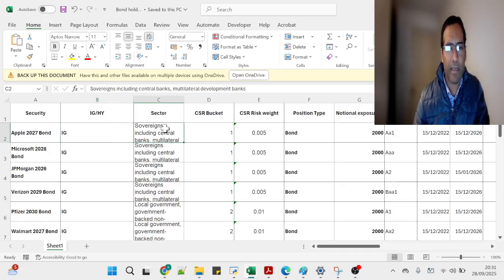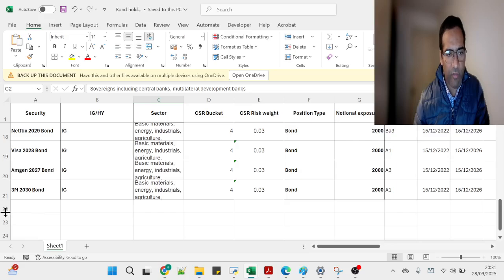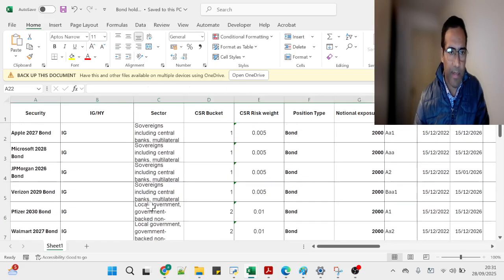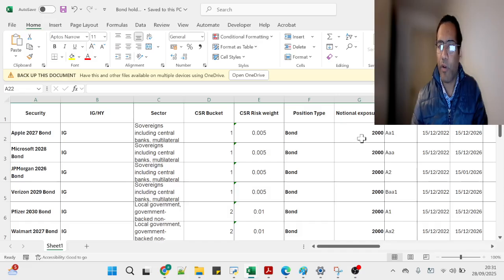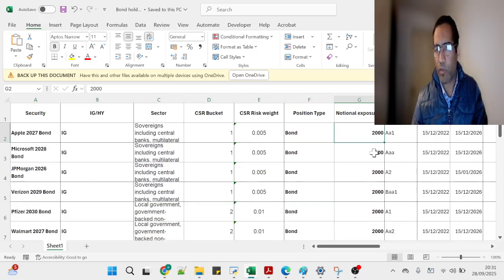I could have included cash in it, which would have zero risk weight, but it's not. As you can see, I have 21 holdings in different sectors, and all are investment grade. The main point is that each one has a notional exposure of 2000.